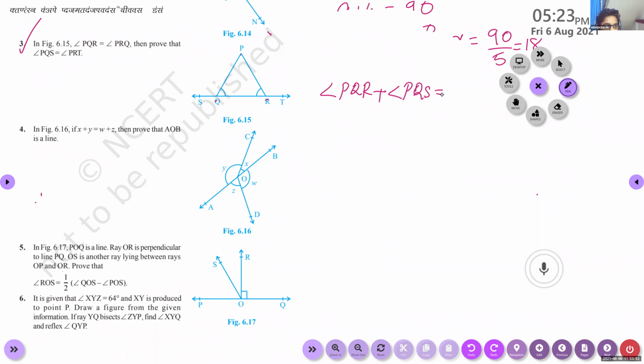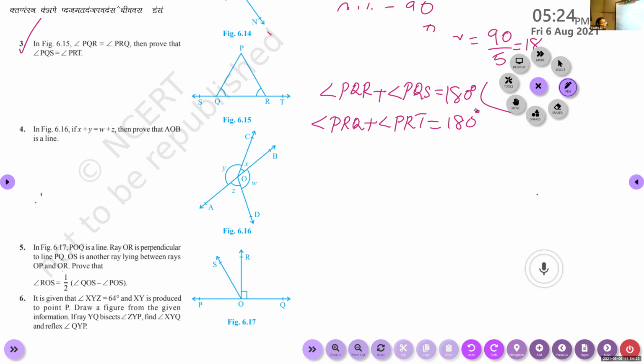PQR and PQS form a linear pair. So this is equal to 180. Bracket, write the reason. Similarly, angle PRQ plus angle PRT is also equal to 180. Equation number 2.